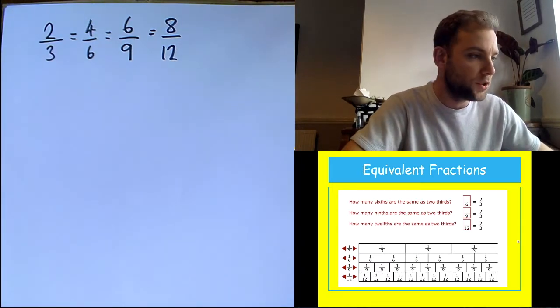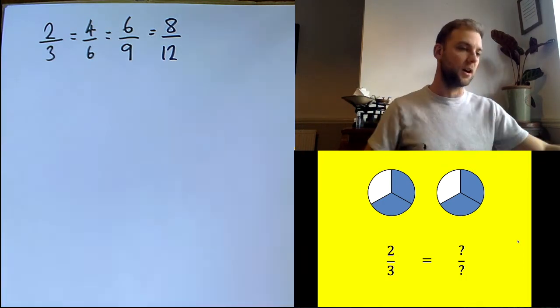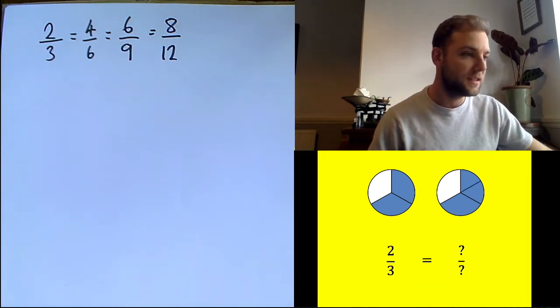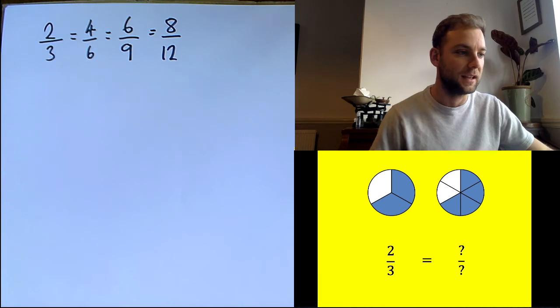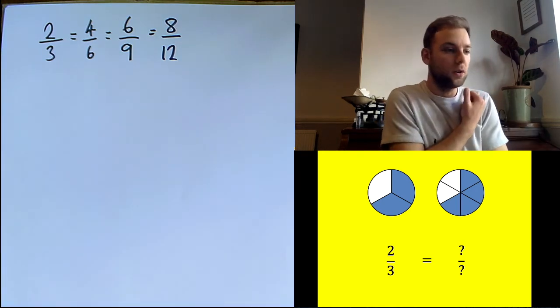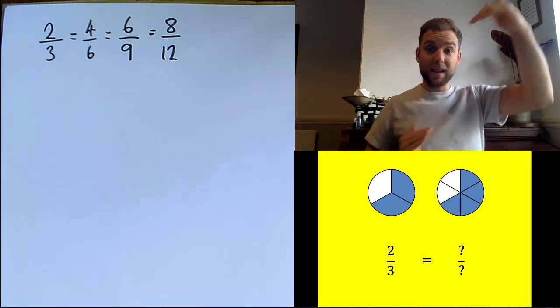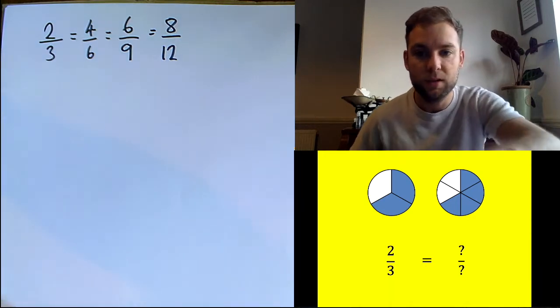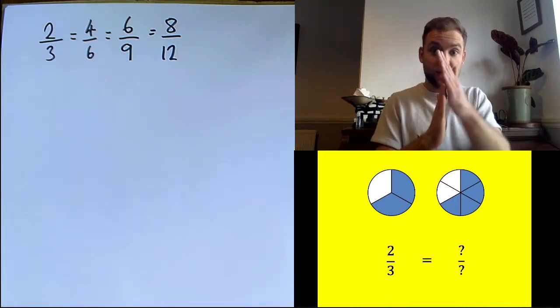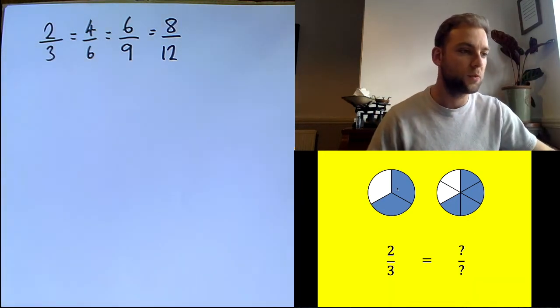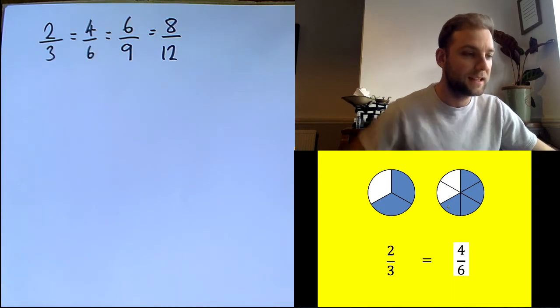So let's move on to another question. So here we've got 2/3 again, and this is another way of representing this. How can we make it look like something else? Well, what we do is we basically split all of these parts up into 2. So there was 1, 2, 3 parts, and 2 of them were shaded, and now we've got 1, 2, 3, 4 parts, and 6 of them are shaded.